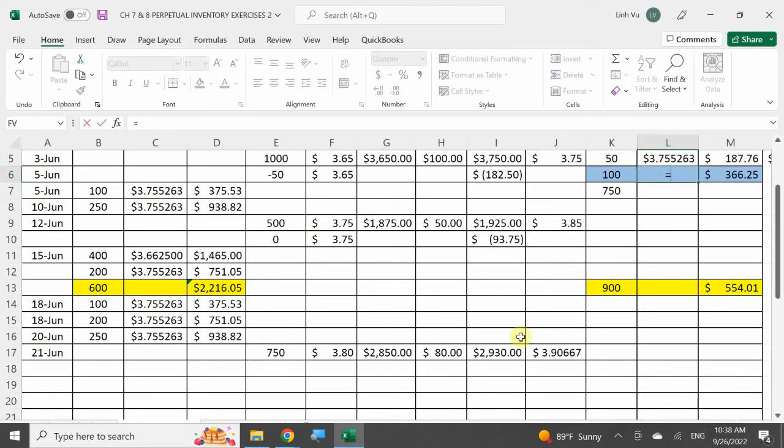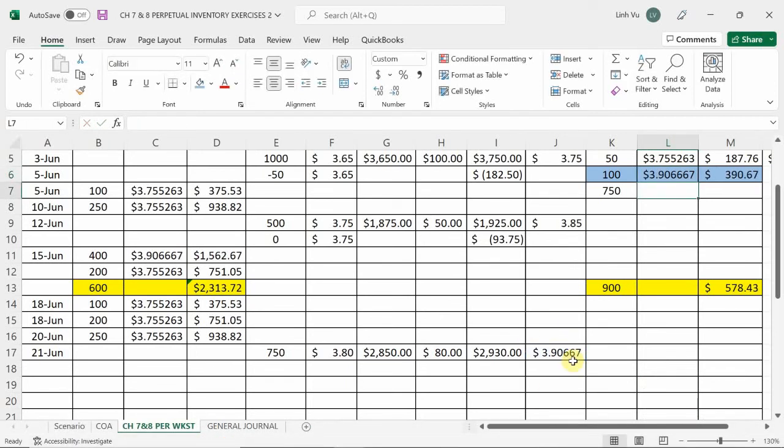So here I'm going to pop it underneath here that I just acquired 750 units at 3.90333, which is going to give me $2,930.